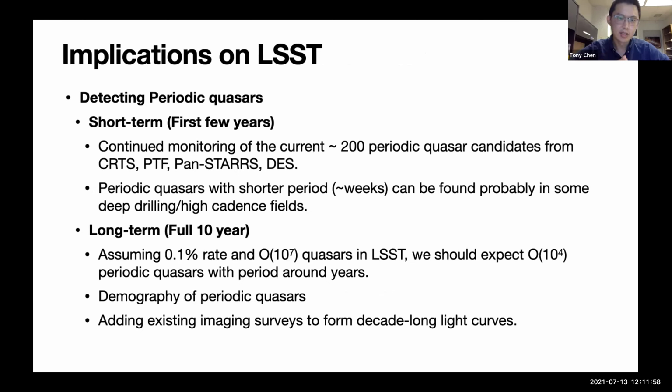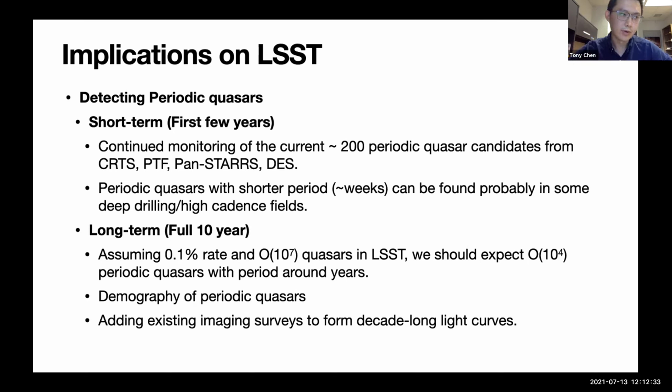Speaking of detecting periodic quasars in the short term, in the first few years LSST will be a very great follow-up for the currently found periodic quasar candidates, around 200 periodic quasars from either Catalina, PTF, Pan-STARRS or even from our study. And it will help us reject or confirm their periodicity.